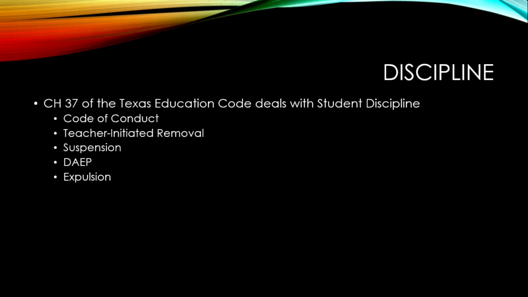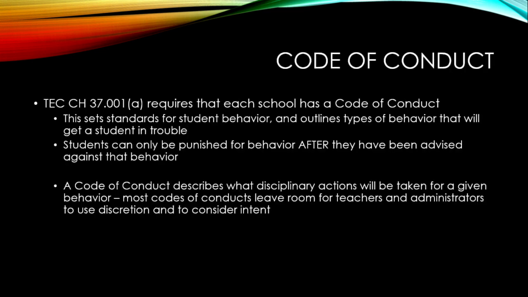Chapter 37 of the Texas Education Code deals with student discipline, code of conduct, teacher-initiated removal, suspension, DAEP, and expulsion. Chapter 37 requires that each school has a code of conduct.